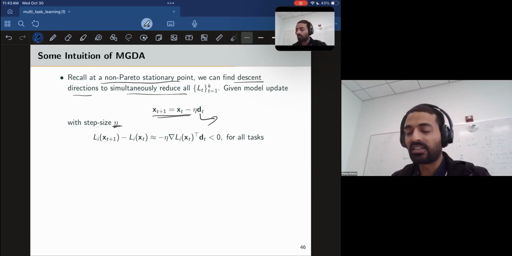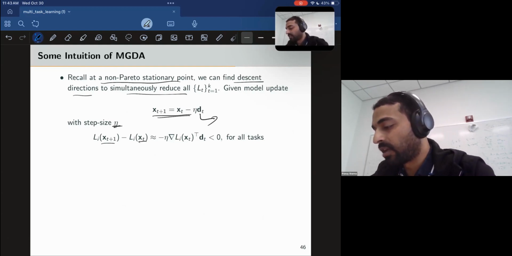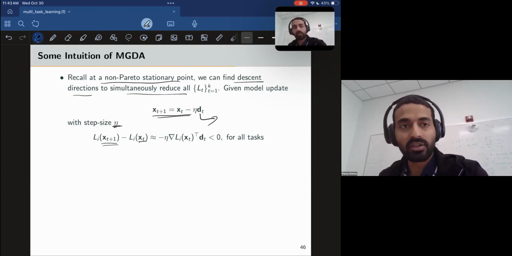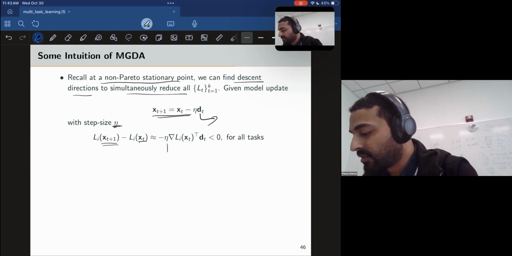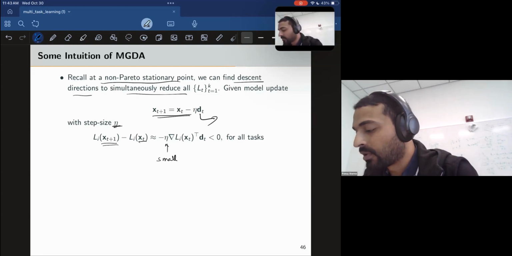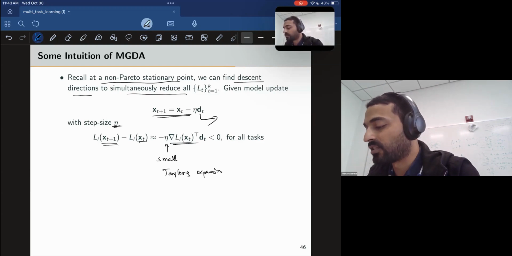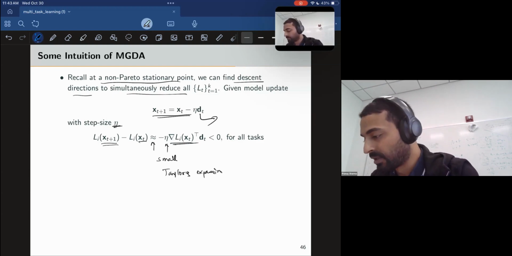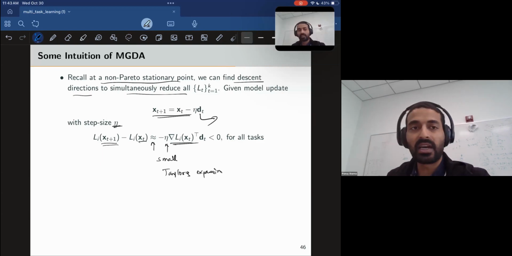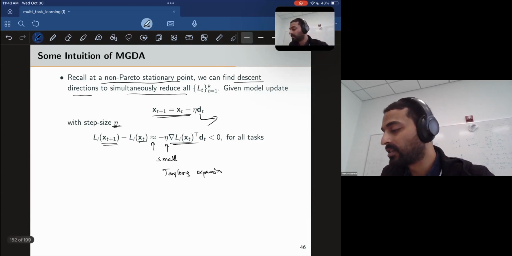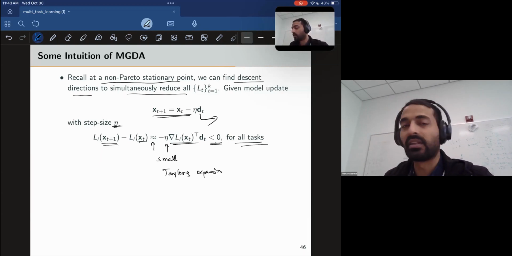Let's look at how much the loss for each task changes. Going from xt to xt plus 1, the loss will change slightly. If the learning rate is small, then we can use the first order Taylor expansion, and we get this right hand side. This approximation is coming from Taylor expansion. And if all the tasks are improved, then this quantity would be less than 0 for all the tasks.